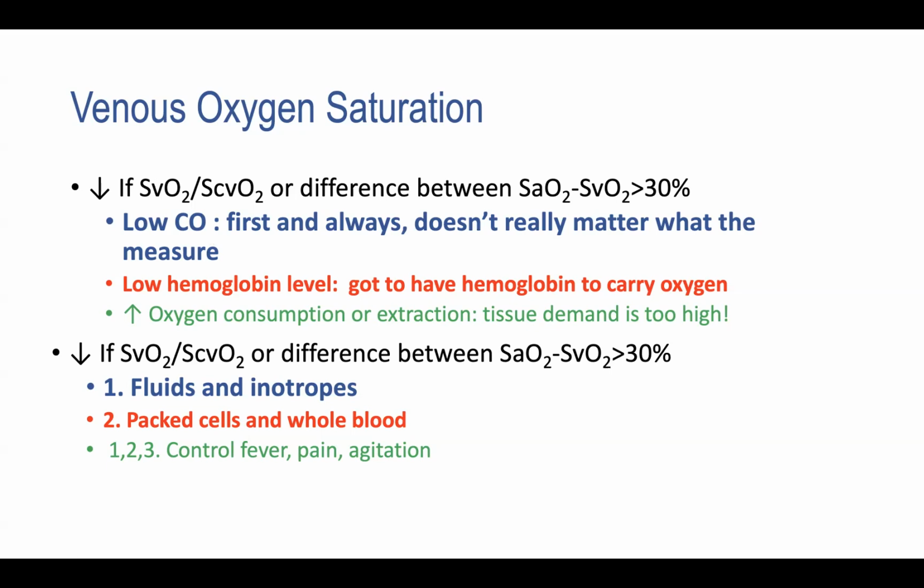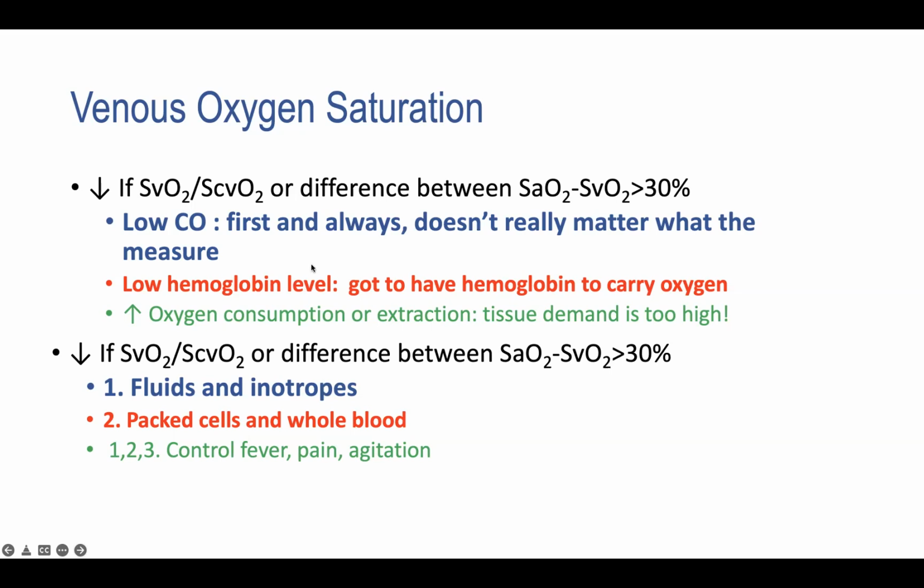So by the way, it's great to memorize a normal value so you can pass a pen and paper test or a computer test. But on caring for the patient, if the SvO2 or ScVO2 is down, first, always, always, always, you need to increase the cardiac output.